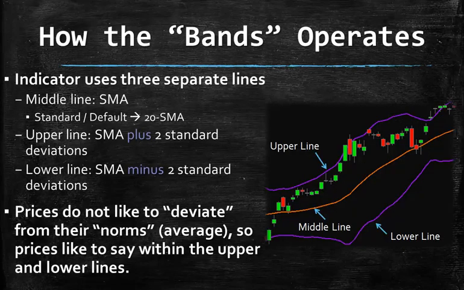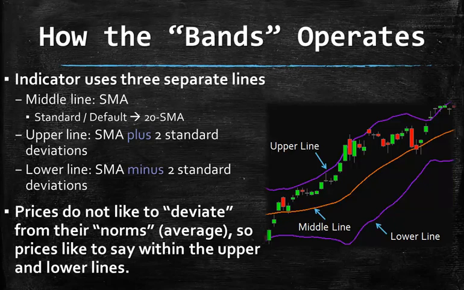How do the bands operate? Well, let's go over what components make up the actual Bollinger Bands. They use three separate lines. The middle line is known as, ready for the really fancy name, the middle Bollinger Band. And that is the 20 SMA. Now, again, that's standard and default as far as I've seen.